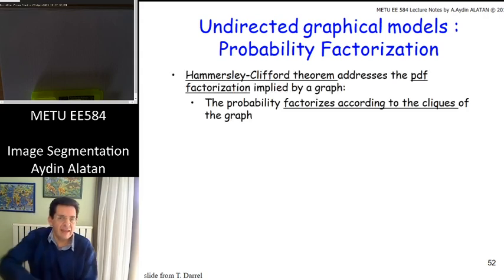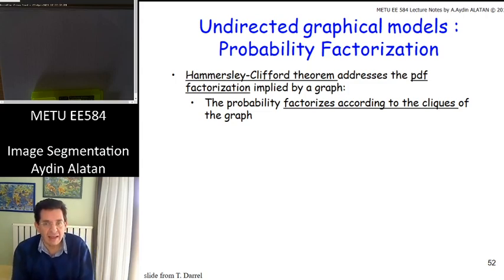Now, in statistical physics, in statistical mechanics, to define the motion of the atoms as a lattice, people came up with something called the Hammersley-Clifford theorem, where the joint probability of the whole thing can be factorized.